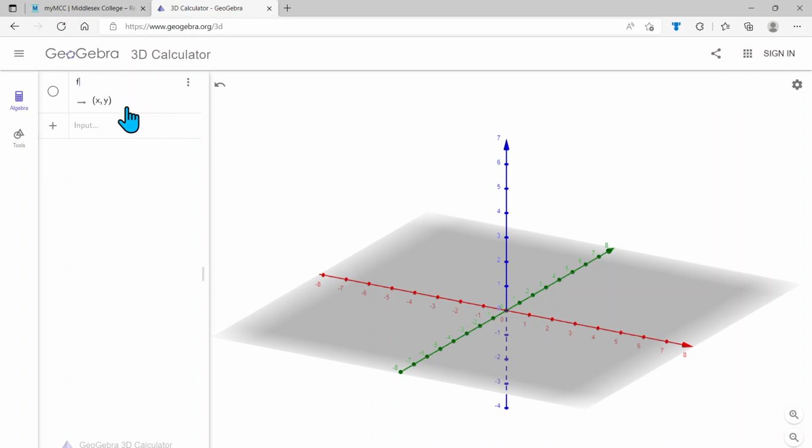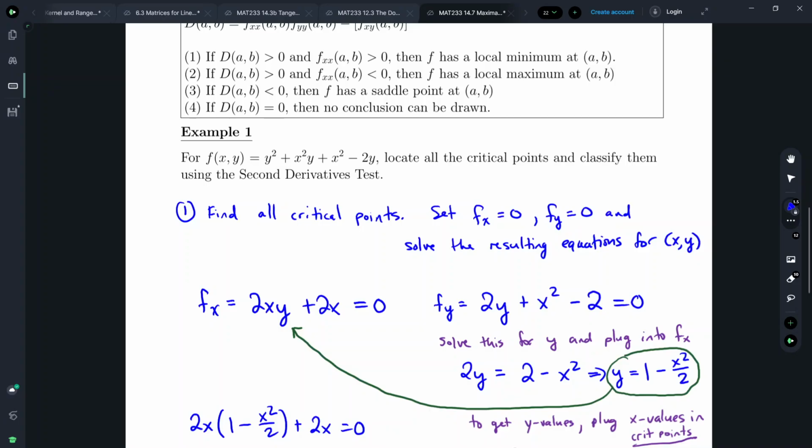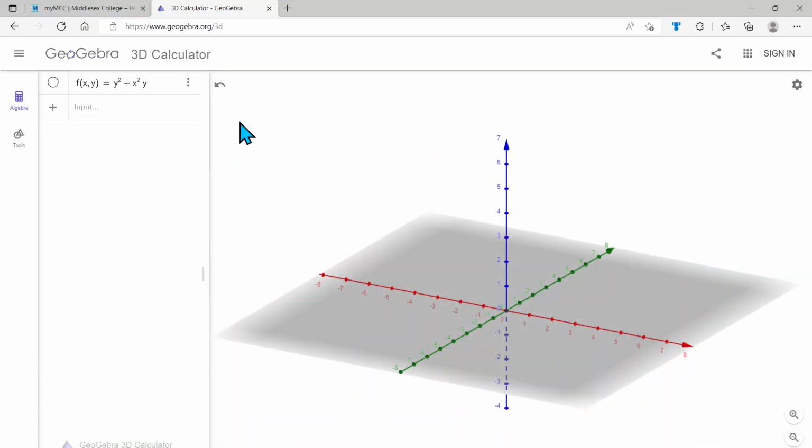So f of x, y is equal to, what was it? y squared plus x squared y plus x squared minus 2y.